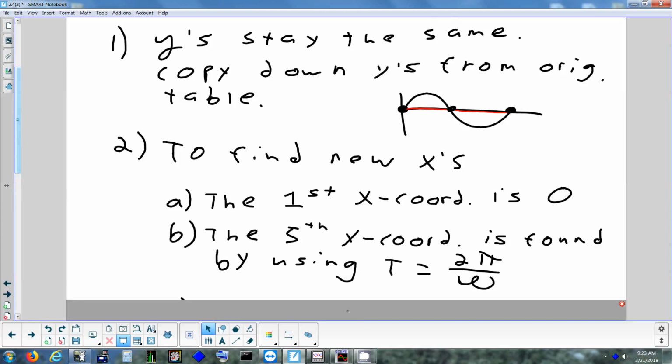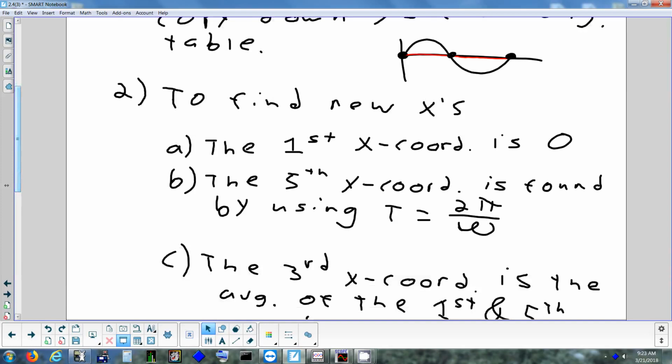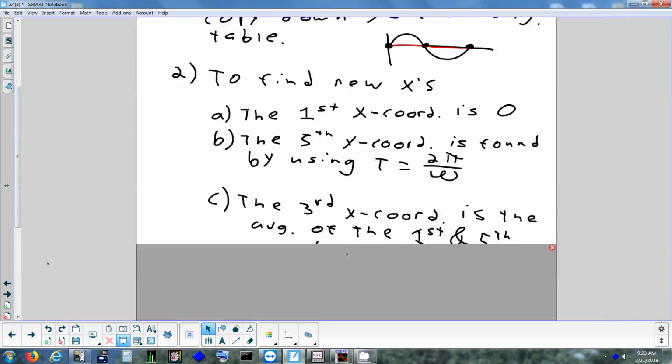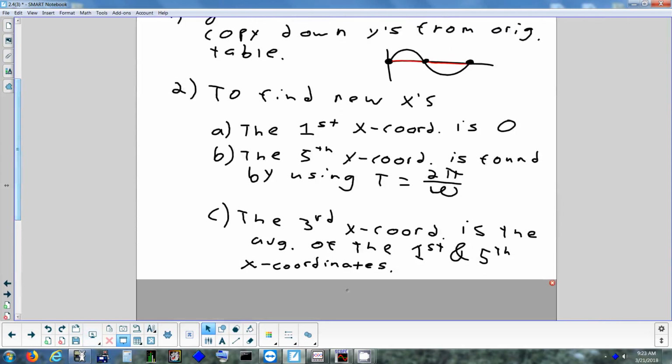Yeah, the mean. Exactly. It's the average. So if you want to find the one in the middle, you're going to average the first and the 5th x coordinates. So just find what's right in the middle of the first one and the last one.